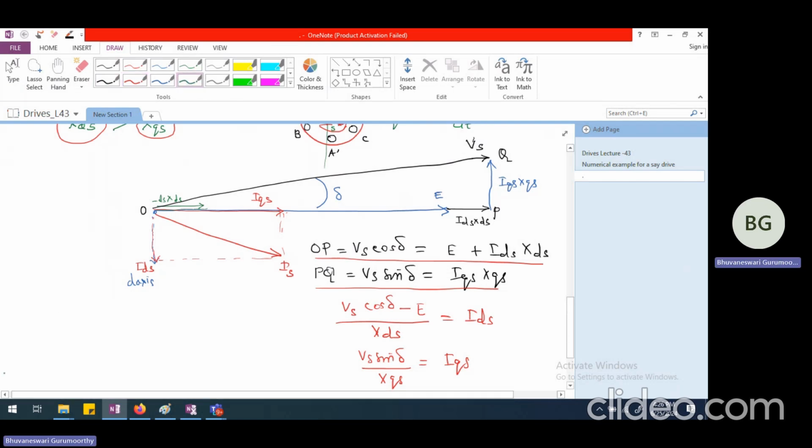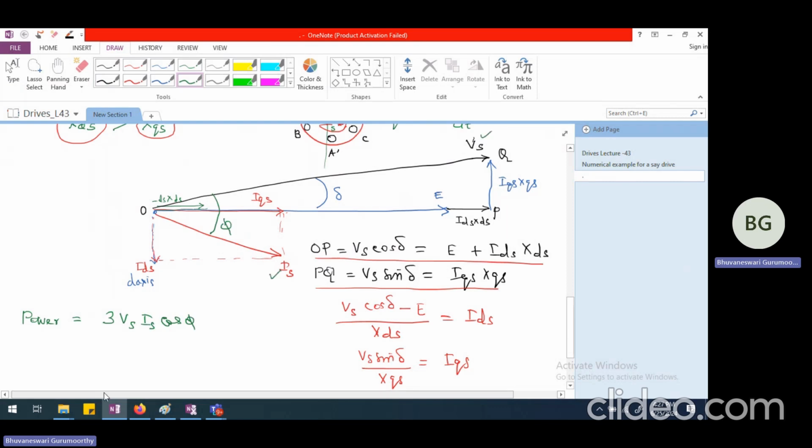Now, let me try to write the power expression clearly, like what we wrote earlier, the power supplied by the synchronous motor can be written as 3 Vs Is cos phi, if I may call the power factor angle as phi. And here, if you look at it, this is the power factor angle because this is actually the angle between Vs and Is.